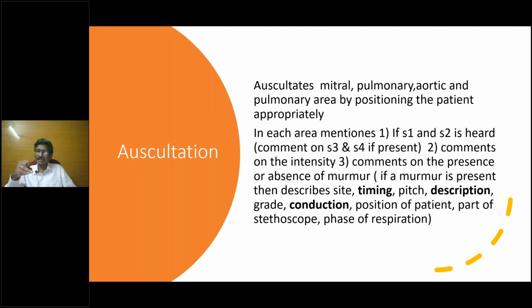And A2 is usually normal or increased, but mostly it is normal. In isolated aortic regurgitation, mostly A2 is normal or slightly low. So you may not be able to appreciate a dramatic auscultatory finding. The only thing you may be able to appreciate will be the early diastolic murmur.